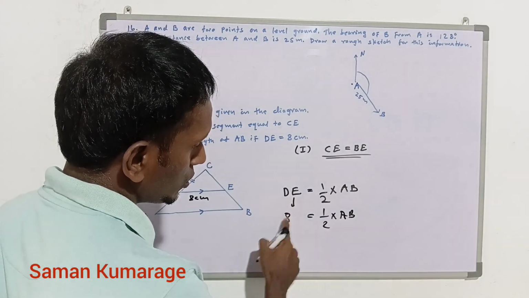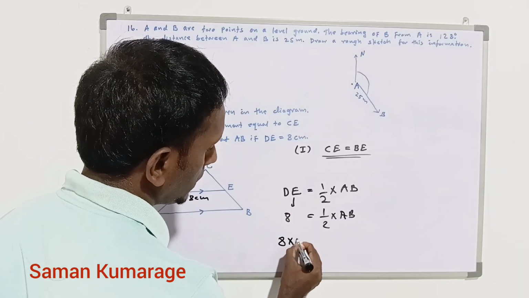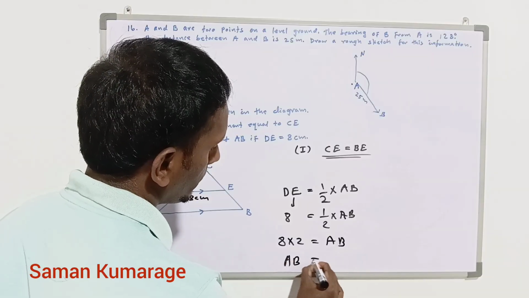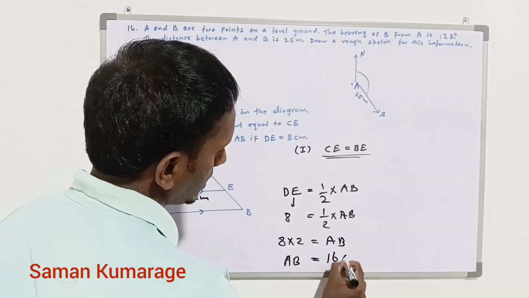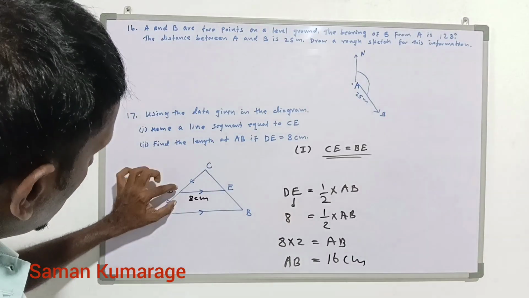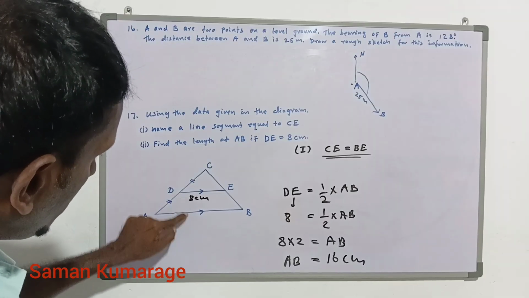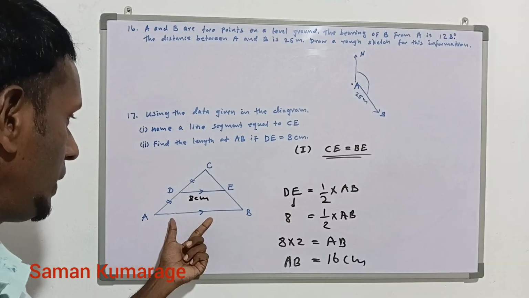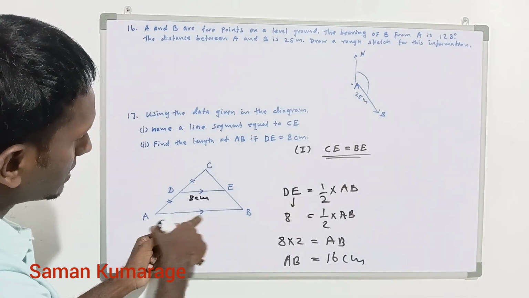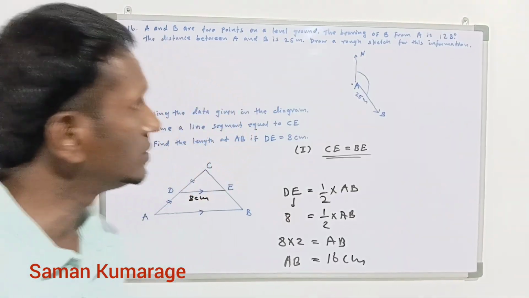Now if you take this 2 to the other side, it will be 8 multiplied by 2 equals AB. So AB is equal to 16 centimeters. In other words, if according to the midpoint theorem this line is half of this line, that means this length is twice this length. That is what I have given here.